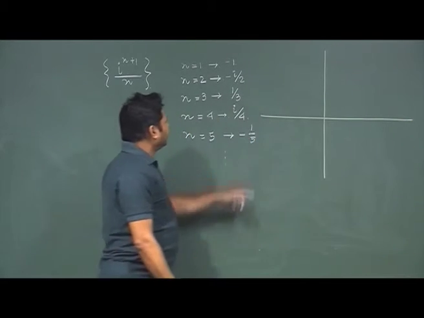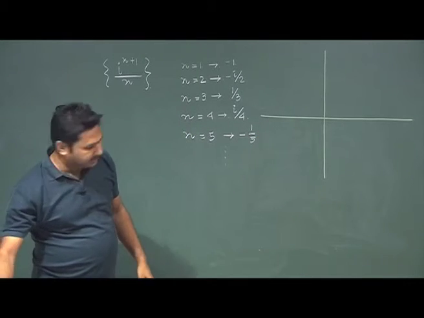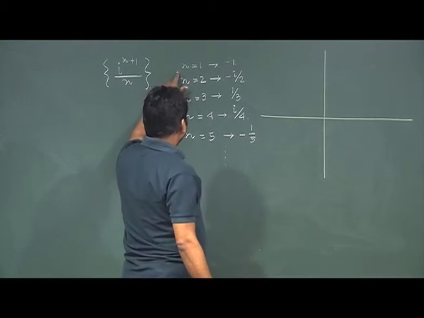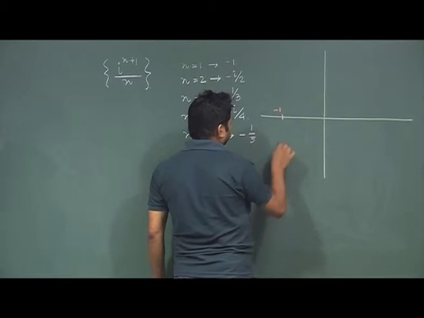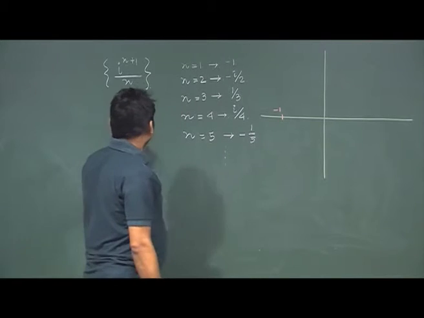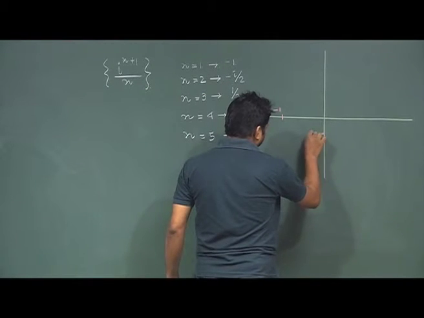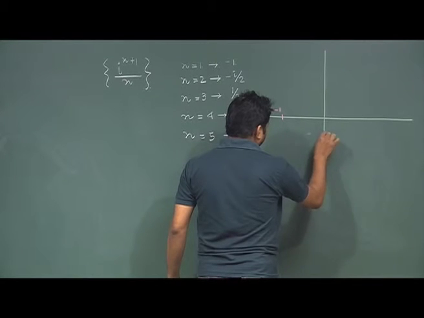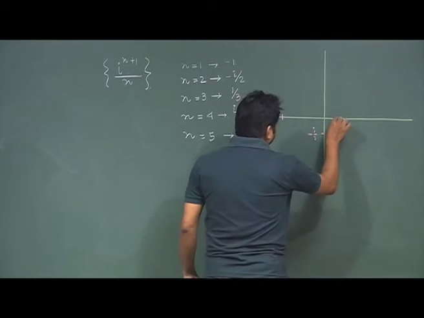Now I want to put this number here in this z plane, and if I do that, then I find n equal to 1 is minus 1. So, first point is minus 1 here, second point minus i by 2, somewhere here. Third point is 1 by 3, somewhere here.